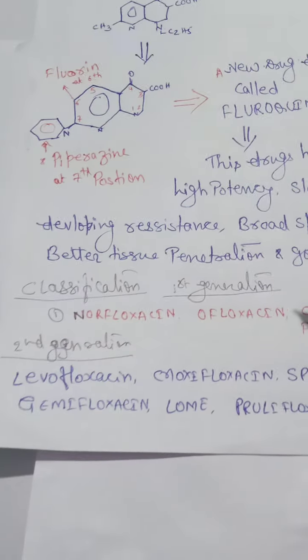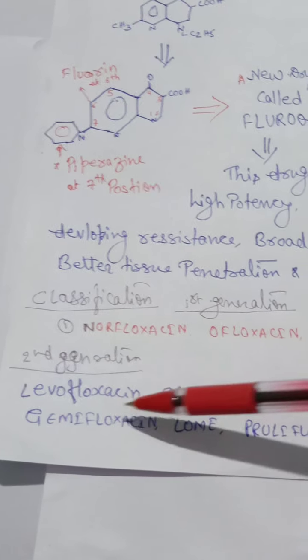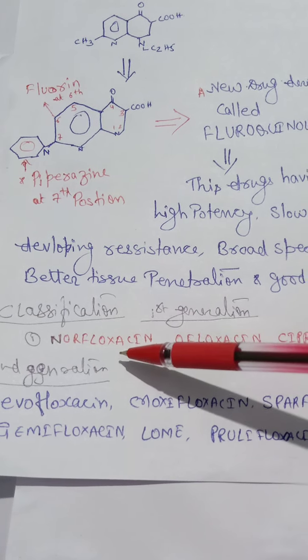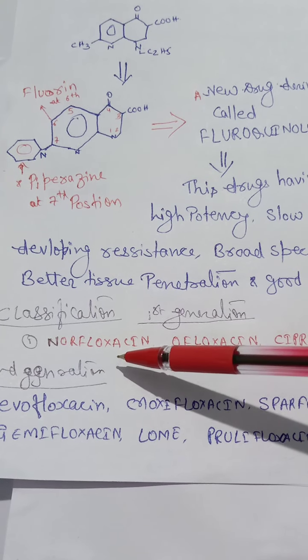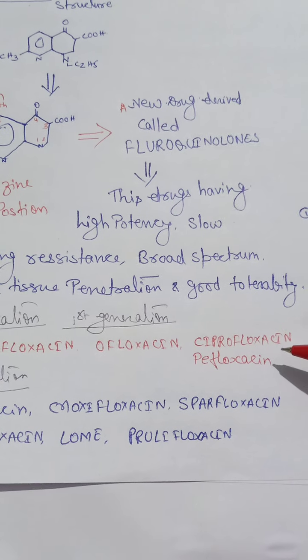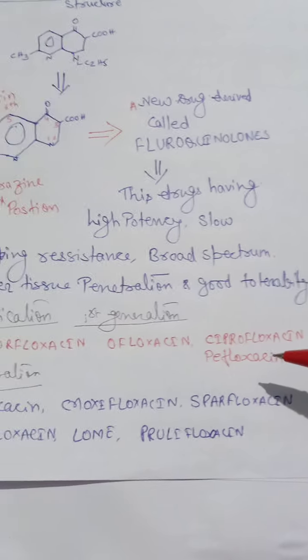Under the classification, these drugs come under two classes: the first generation drugs and the second generation drugs. The first generation drugs are norfloxacin, which is commonly used, ofloxacin, ciprofloxacin and pefloxacin.